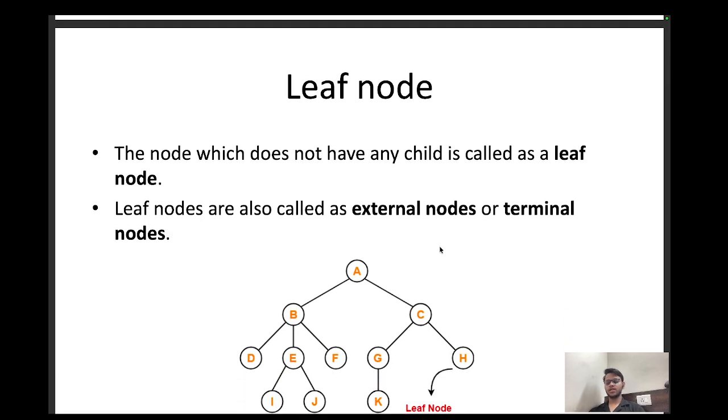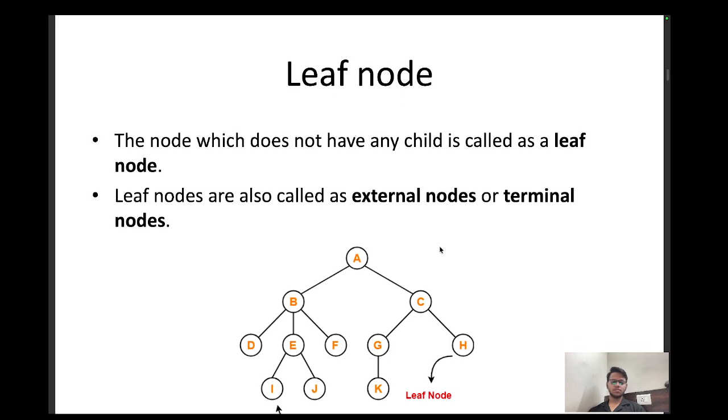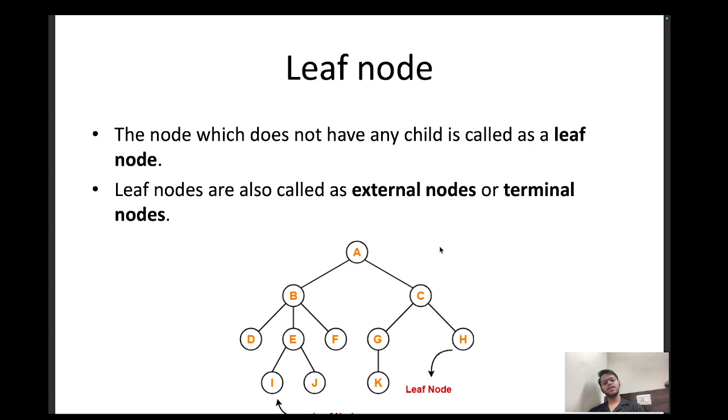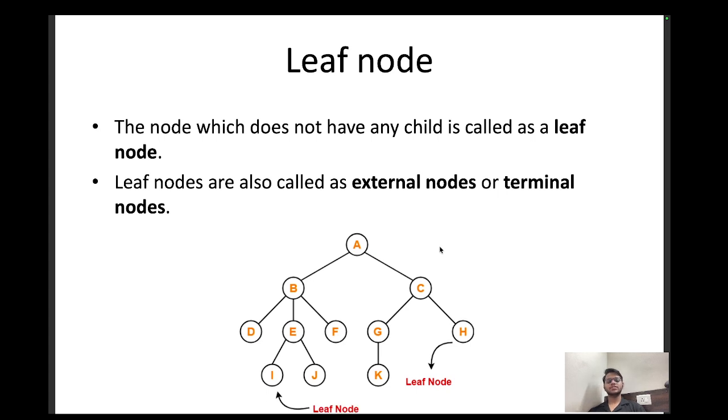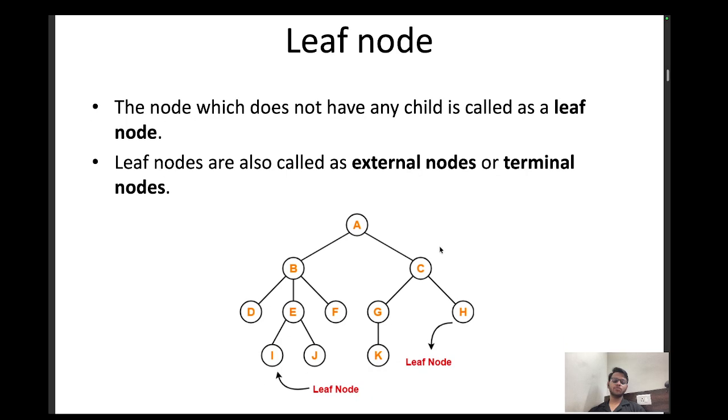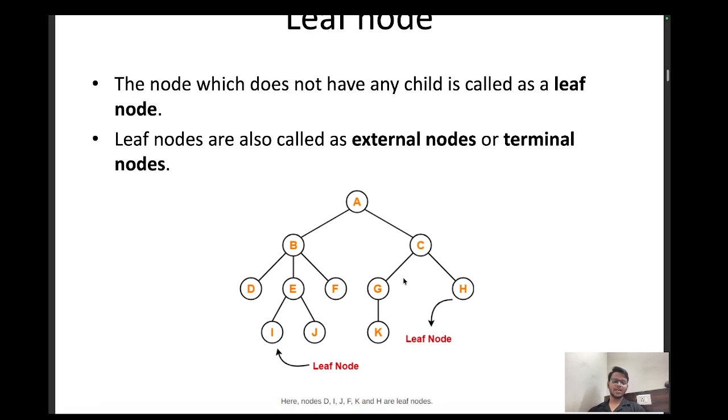Now let us see what leaf nodes are. The node which does not have any child is called a leaf node. It is obvious from the definition itself. Here you can see in the diagram that H, D, I, and J do not have any children.